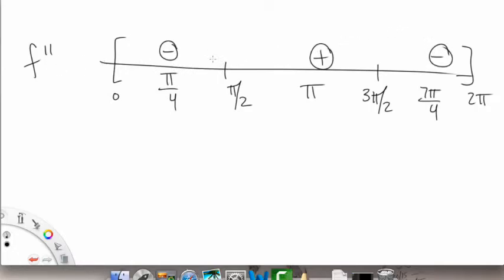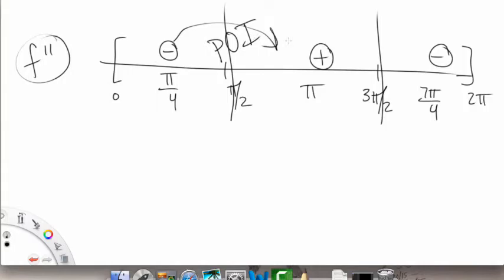So we were looking to see at what points our f double prime changes signs. From this interval to this interval, when we cross over, we do change signs because we switch from negative to positive. So this is a point of inflection. Now let's look at the next one. We switch from positive to negative, so this also is a point of inflection.